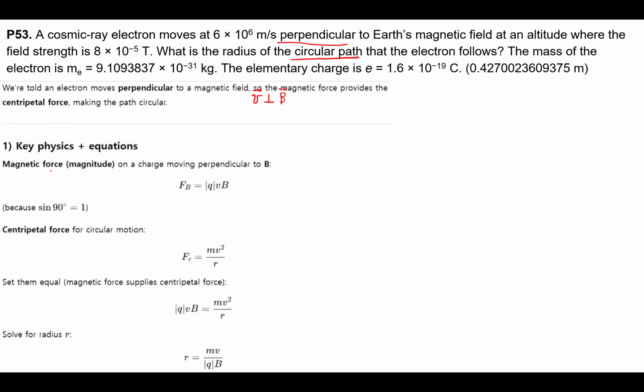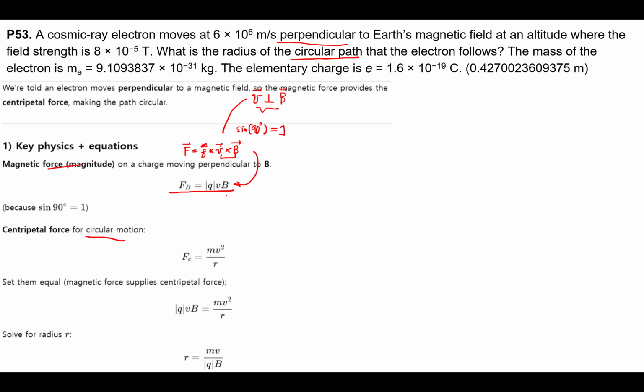So the magnetic force is given by F = qv × B. And since v is orthogonal to B, sine theta with theta equal to 90 degrees is equal to 1, so F = qvB. And for the circular motion, we know that the centripetal force is given by mv squared over r.